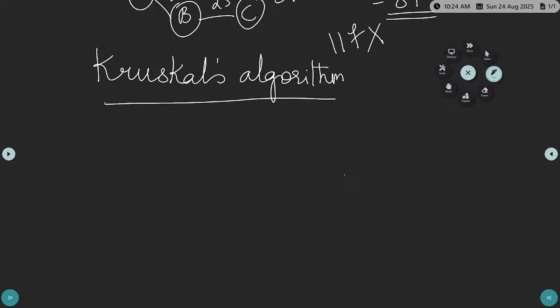We need to arrange, everyone has to write now. We need to arrange all the edges in ascending order based on their cost.